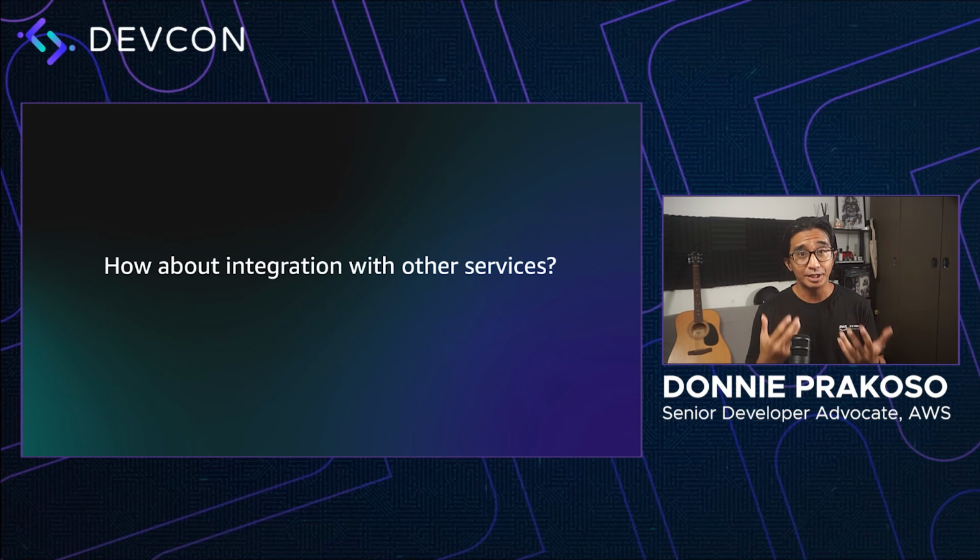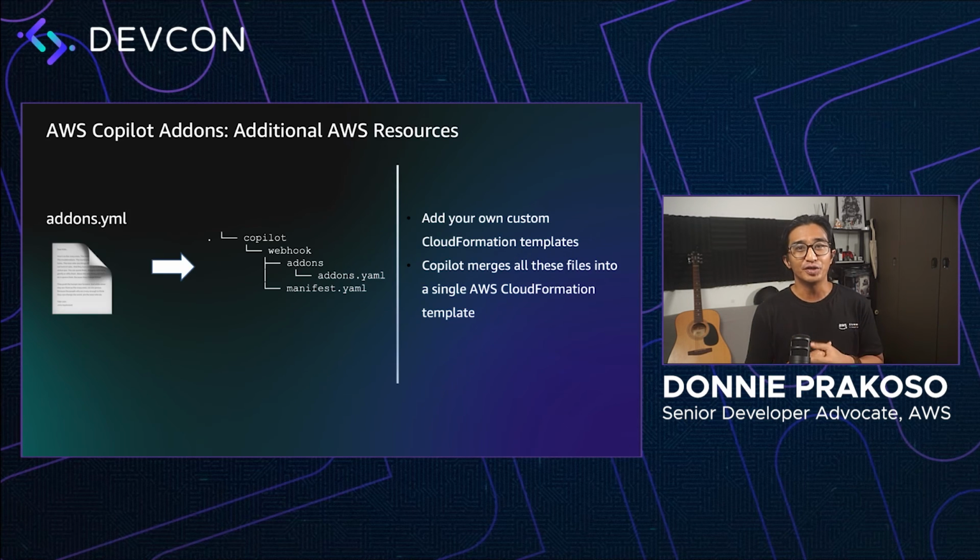And as mentioned, the more you develop your applications with cloud computing, eventually you will have the need to integrate with fully managed services provided by the cloud computing provider, in this case AWS. So the next question is, how do we integrate our applications with other services? Fortunately, you can still do this with AWS Copilot.